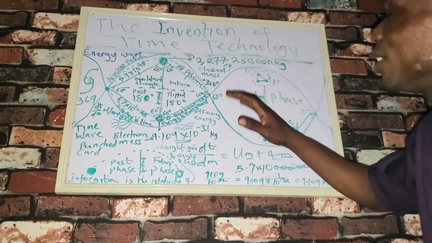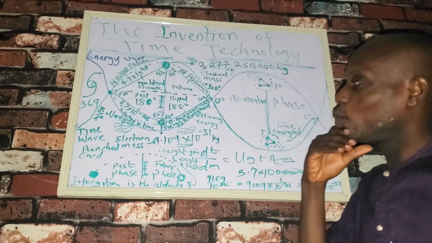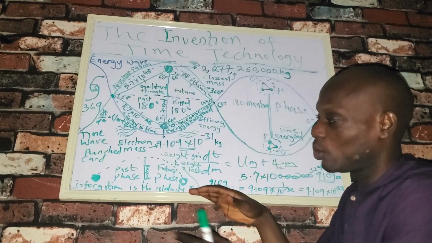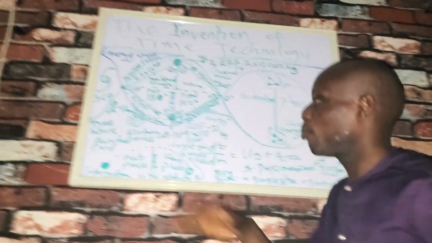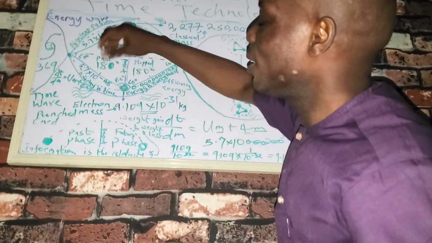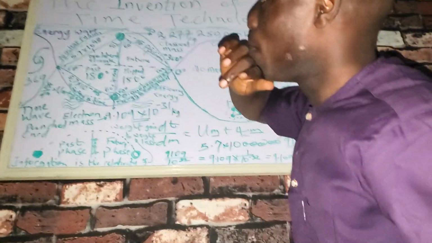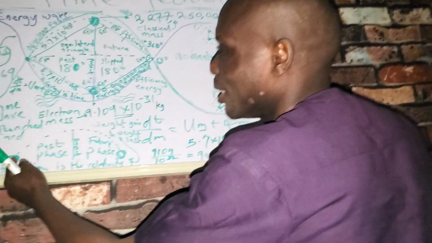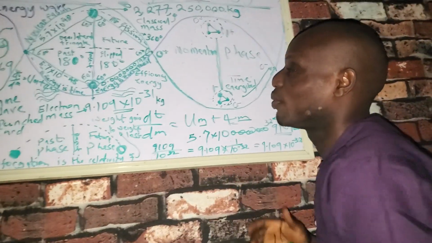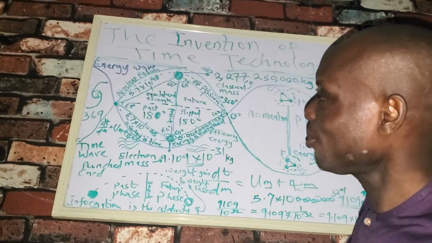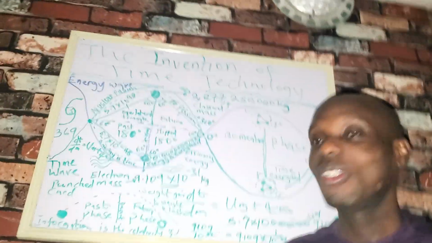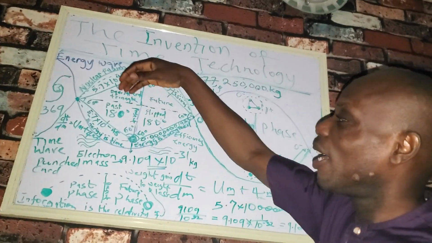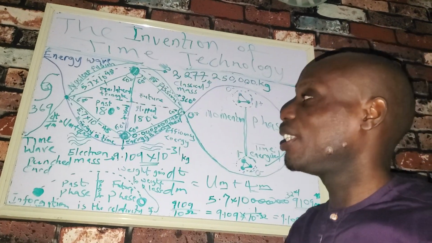Good. So now, when I want to explain information more, there are some things happening from the past phase to the future phase. Now, the past phase, at that region, energy is timed.